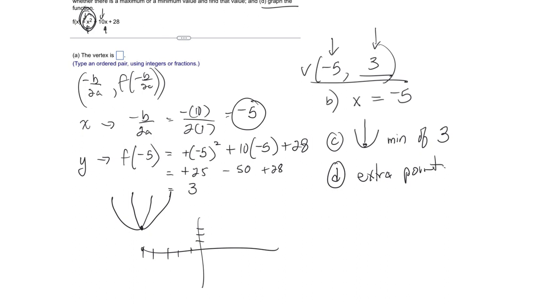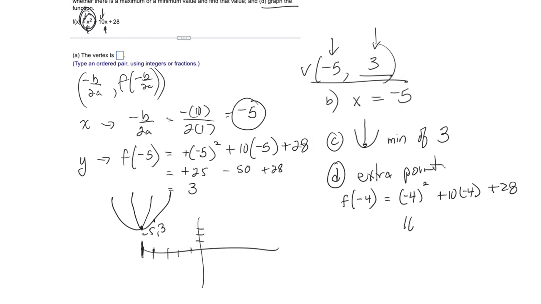So for the extra point, maybe let's see what happens at negative 4. Let's figure out what the function value is when x is negative 4. Something squared plus 10 times something plus 28, and we're putting minus 4 in there.